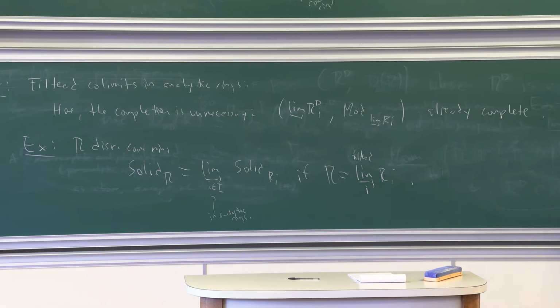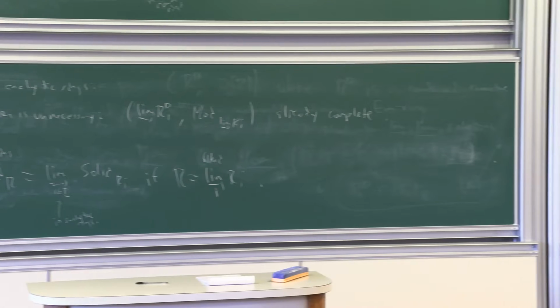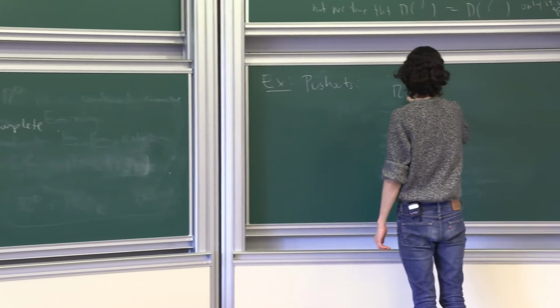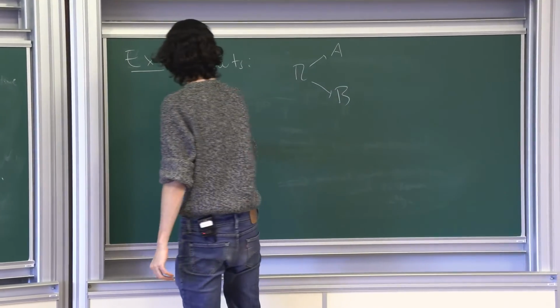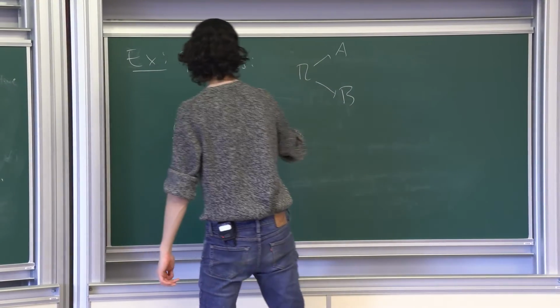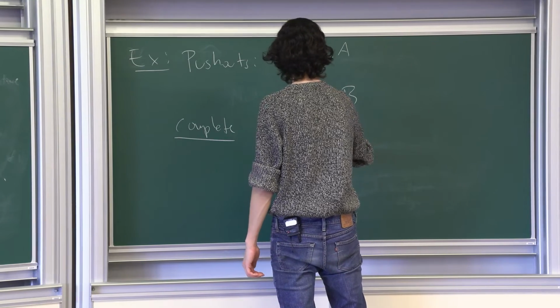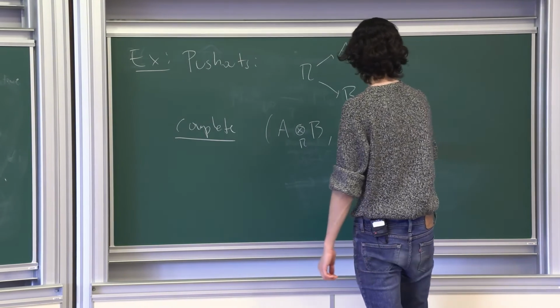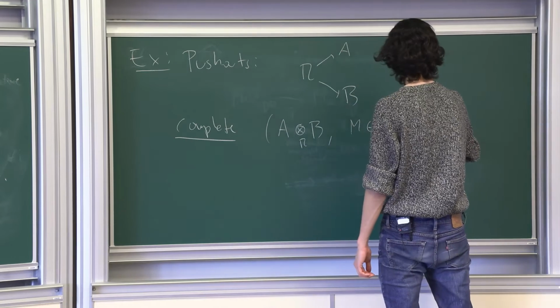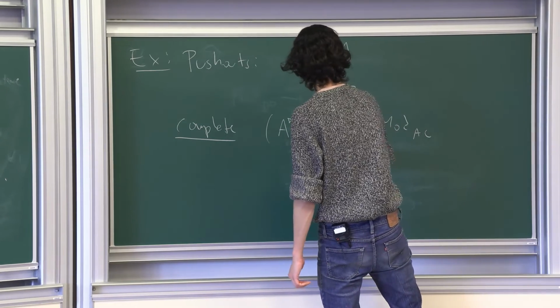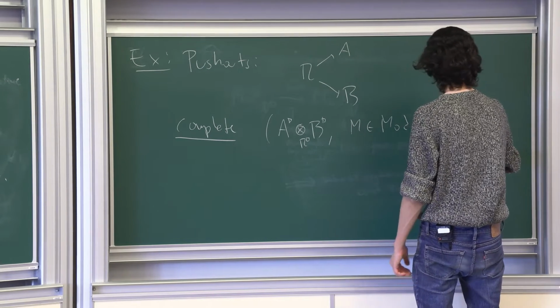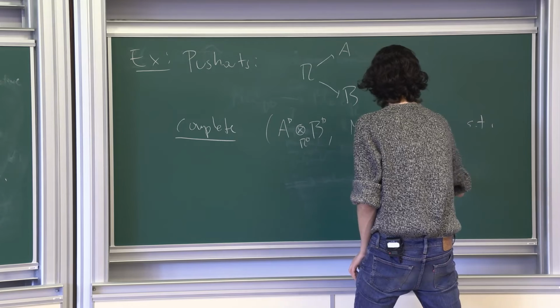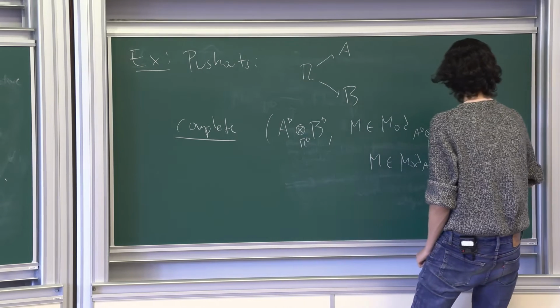So if you have R goes to A and R goes to B, a diagram of analytic rings, then you need to complete the pre-analytic ring, which is A tensor over R B, and then the full subcategory of those M in mod of A triangle tensor over R triangle B triangle, such that as an A module it lies in mod A, and as a B module it lies in mod B.